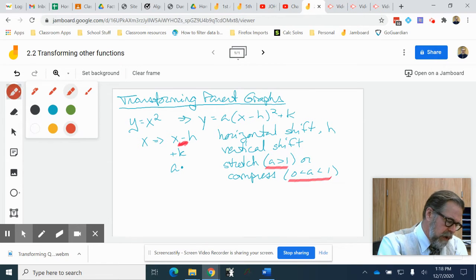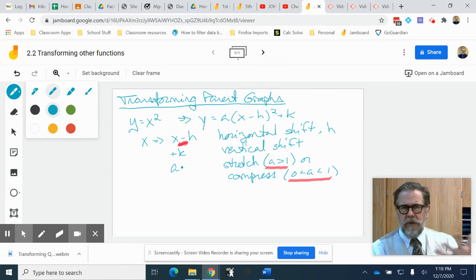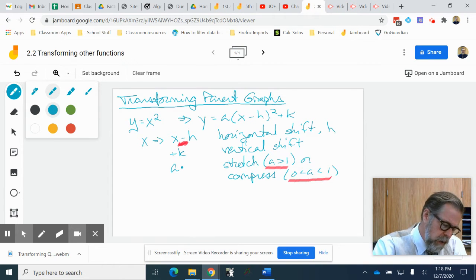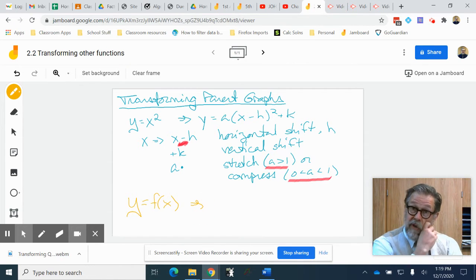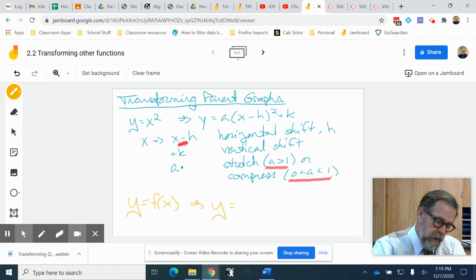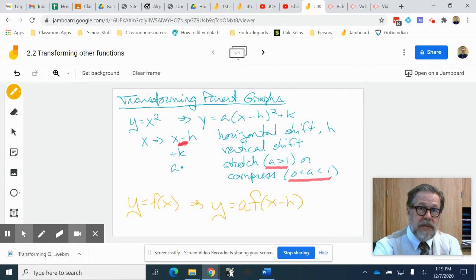So how does that generalize? If you were in my class, we'd spend a few days playing around, we'd experiment, we'd put equations into the calculator. But what we can do very quickly is generalize this: if I have some function f of x and I want to transform it, I can put a stretch factor as a multiplier, change the input by some horizontal shift value, and add some vertical shift value.